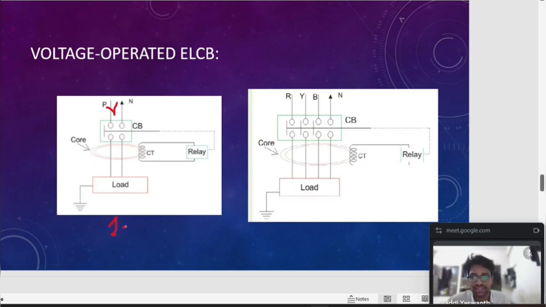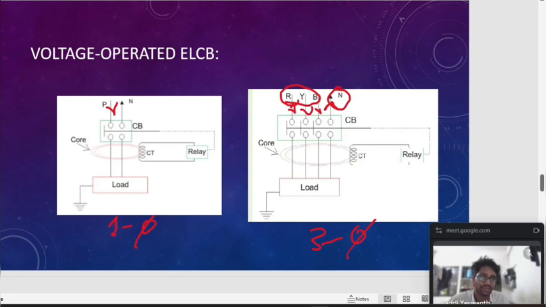This is single phase and this is three phase. The difference between single phase and three phase: here these are all incoming currents, and here this is outgoing. That means the current in this circuit must be equal to this.